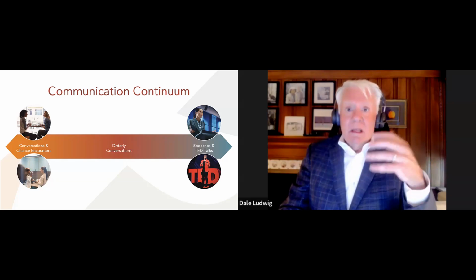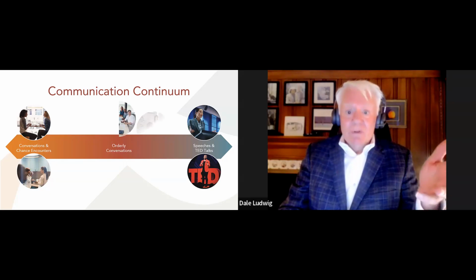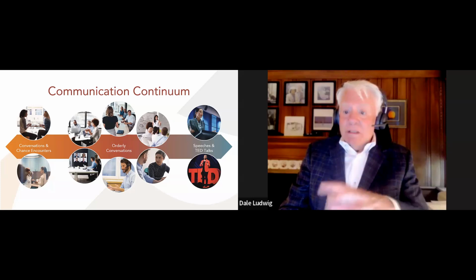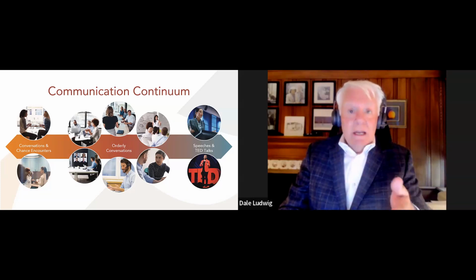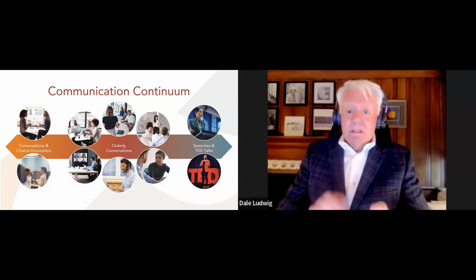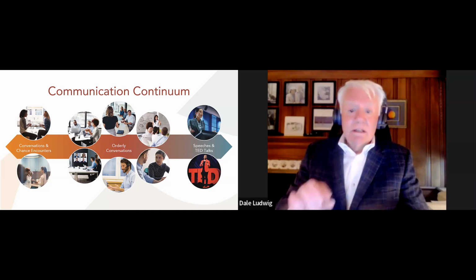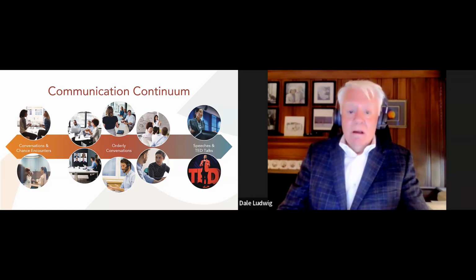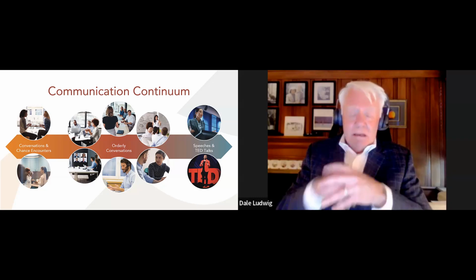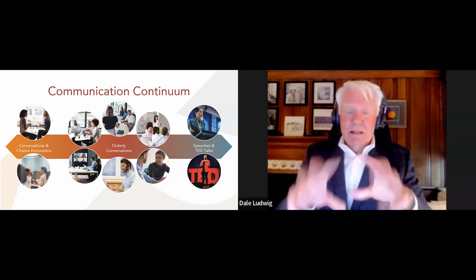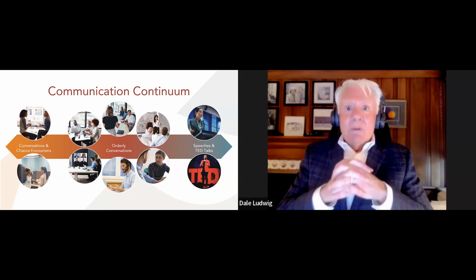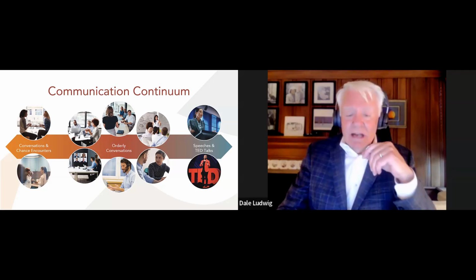What most people deal with is, as we call it, an orderly conversation. As you can see in all of these circles, we've got a variety of interactions here. Some presenters are standing, some are seated, some are working virtually, some are working in a hybrid environment. They're at like the 7 o'clock position in that circle. So we've got a whole lot of different types of interactions here.